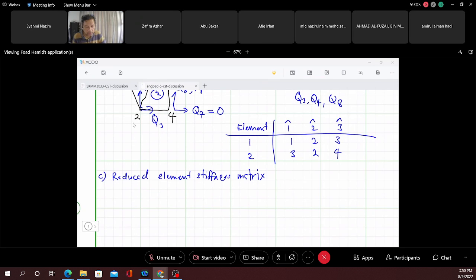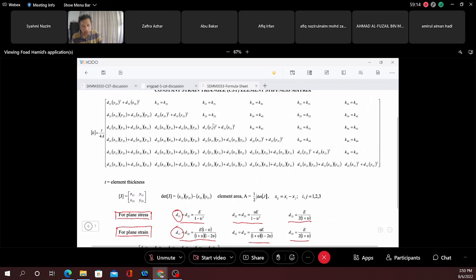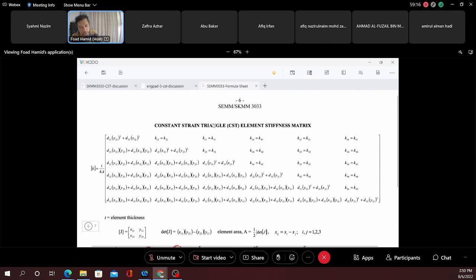So the formula is this. Okay, so note this is the formula. So note that this is for DOF 1, local, because this is element level and not the global level, 2, 3, 4, 5, and 6.